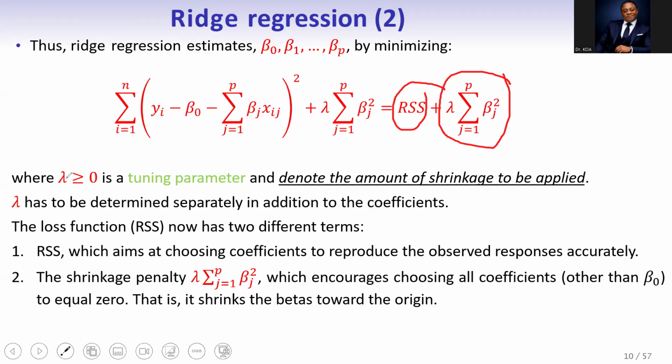Because anytime, let me draw something. Anytime you are shrinking something towards 0, that means you are moving towards the origin. That is what this ridge regression is doing.